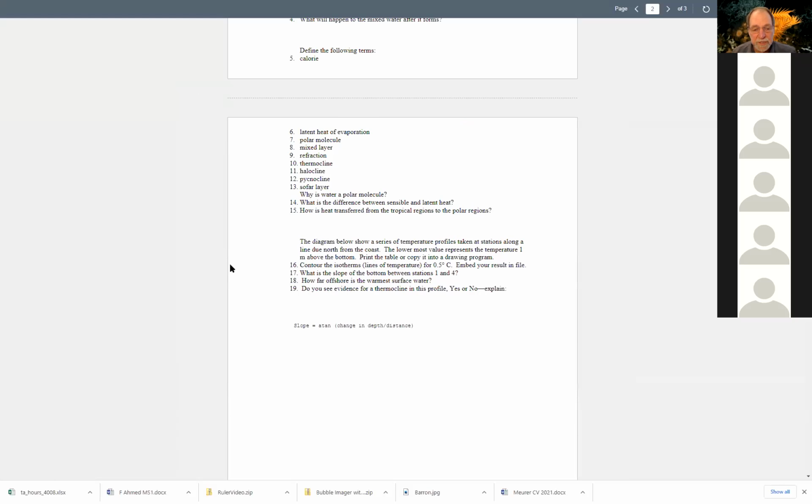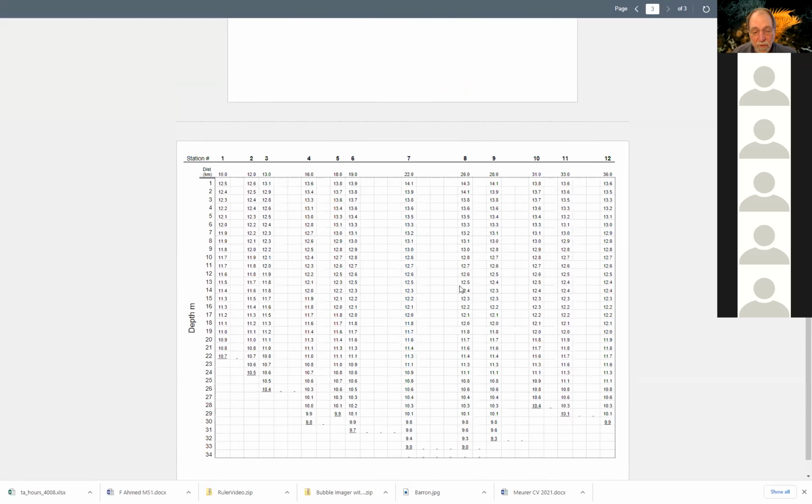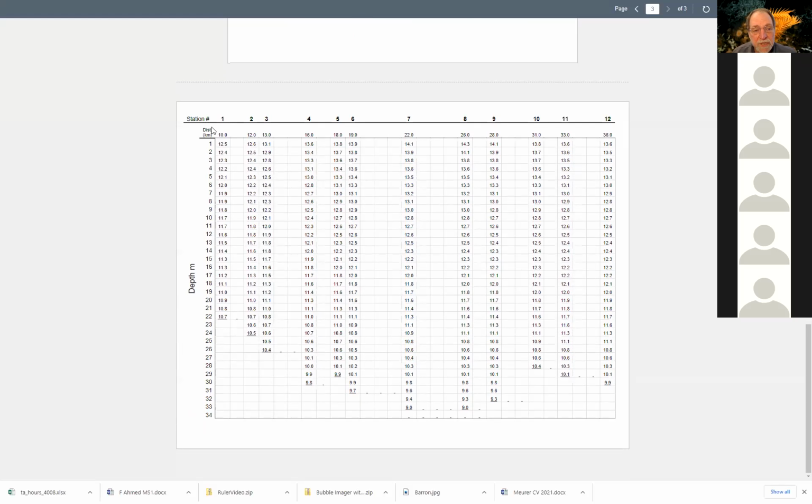And so what were the questions? Contour the isobaths. What is the slope of the bottom between stations 1 and 4? Well, how do we know the depth of the bottom at stations 1 and 4? Well, here's station 1 and here's station 4. Where's the bottom? So here's the bottom, right here.